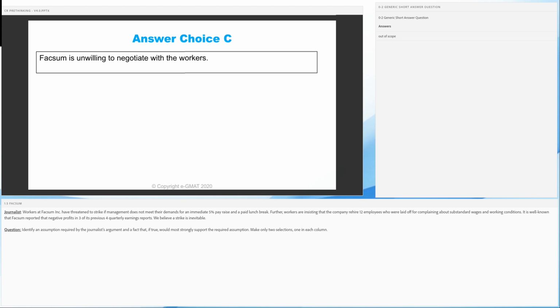Now, when you translate this, it says Faxum doesn't want to negotiate. How many of you on your Saturday morning or a Saturday evening want to attend a CR session on assumption? How many of you would attend it if the GMAT were not a requirement?